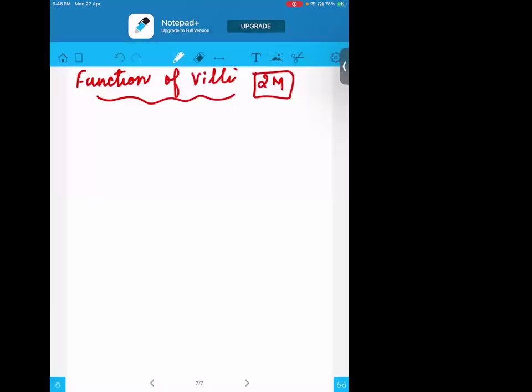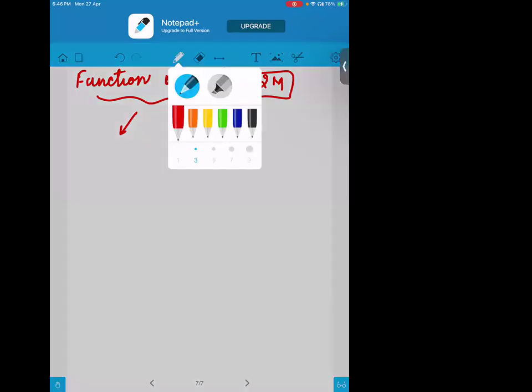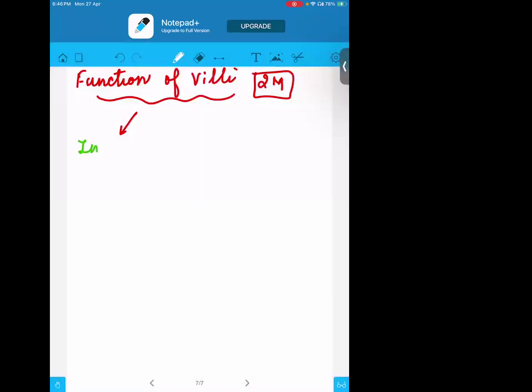The first function is that it helps in increasing the surface area of the intestine. The surface area of the intestine is increased because of the villi only.